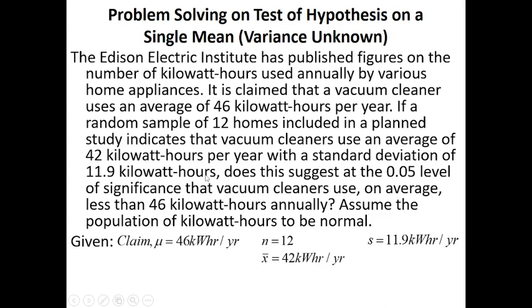The interpretation is that it is the standard deviation of the sample and not the population. That's why we use lowercase s for the standard deviation value, 11.9 kilowatt hours per year.